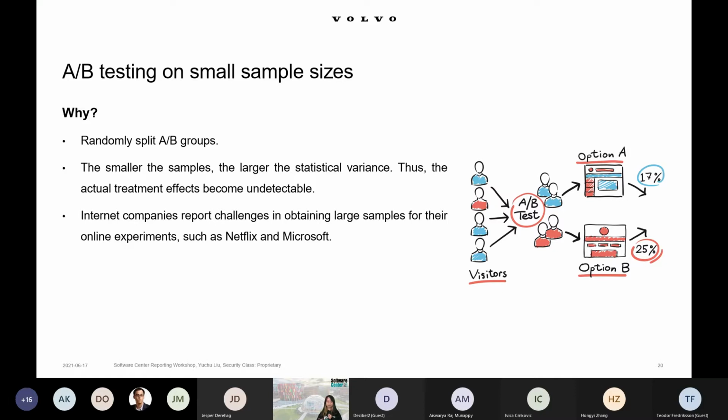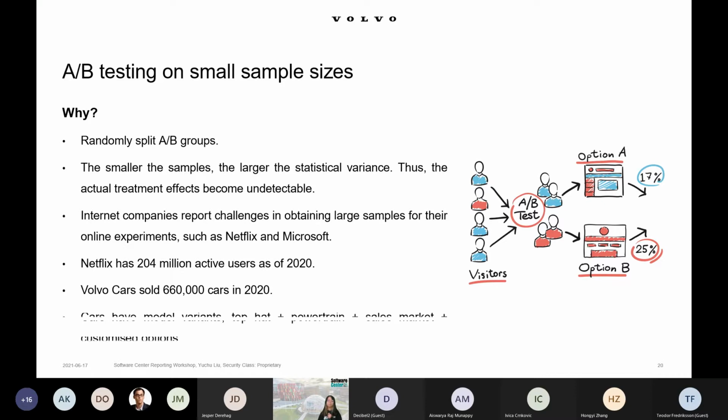At Microsoft, 1 out of 3 experiments need to be re-randomized and rerun due to the undetectability of the treatment effects. And just to give you an idea, Netflix had reported around 200 million users in 2020. And we, at Volvo Cars, sold 600,000 cars in 2020. So we are orders of magnitude apart in terms of available users that we can run our experiments from.